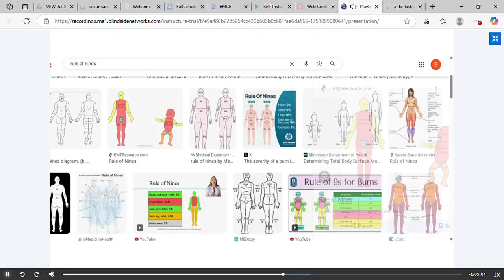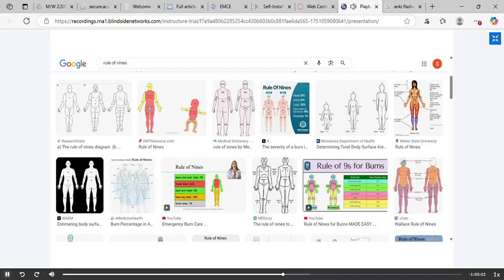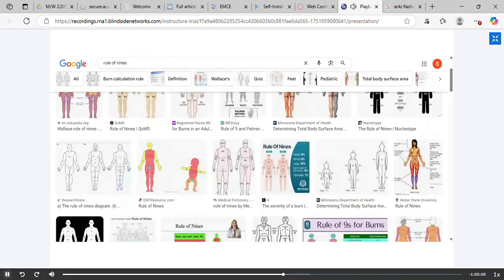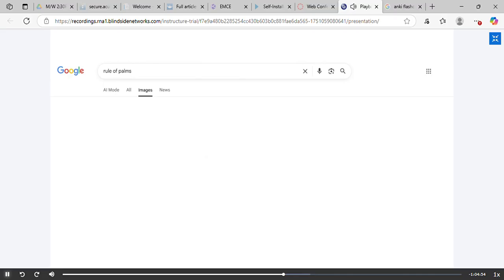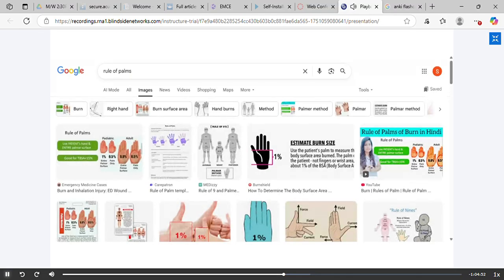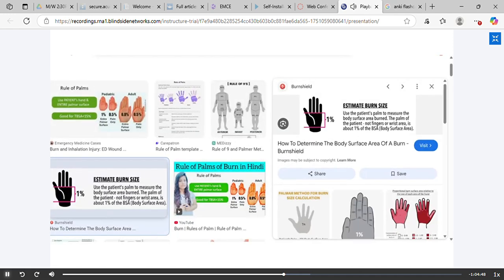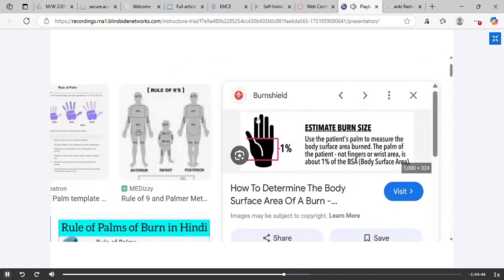There is also something called the rule of palms. The rule of palms is where we normally will use this for smaller burns. Basically you take the palm of the patient, not your palm, and that's going to be approximately 1% of their body.